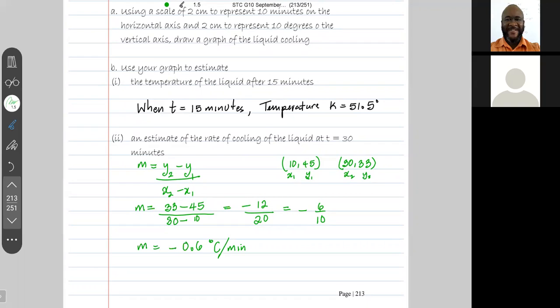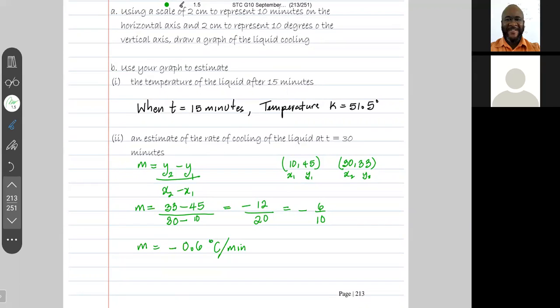That's how fast the thing is cooling at T is equal to 30 minutes. Please note, the negative there is showing that the temperature is going down. The negative is showing that the thing is sloping down, indicating that the temperature is falling.